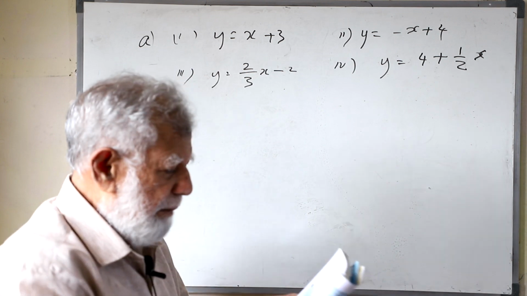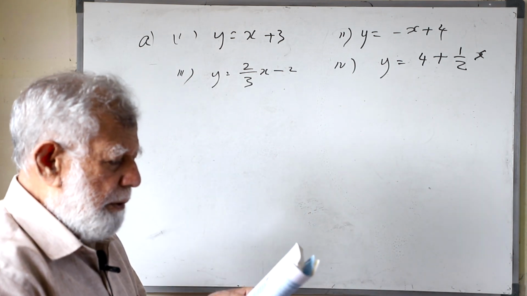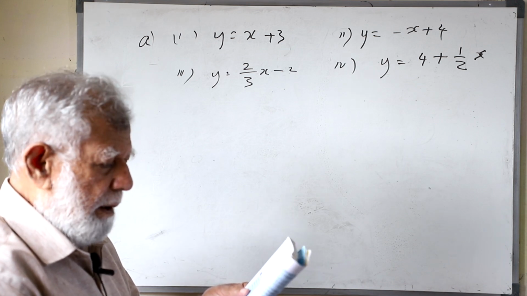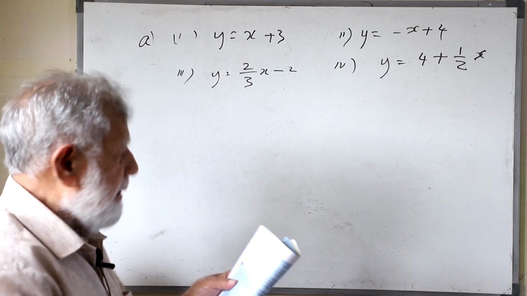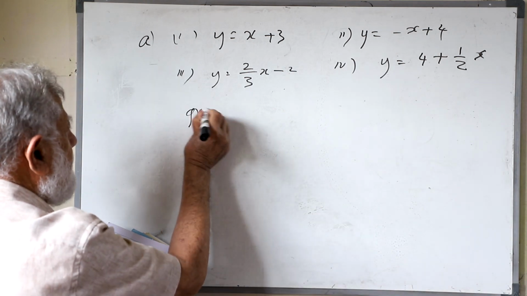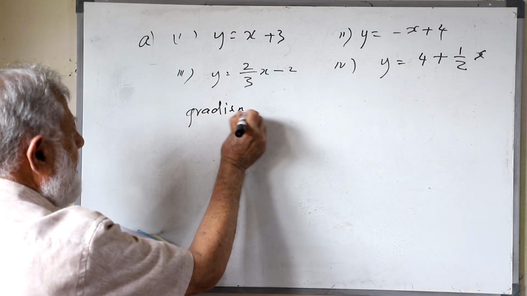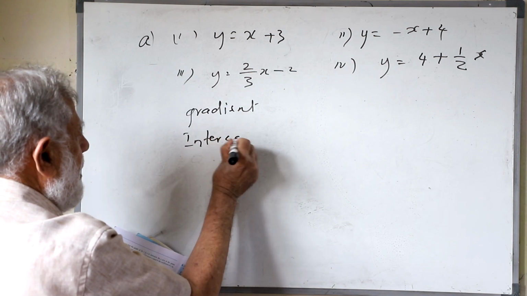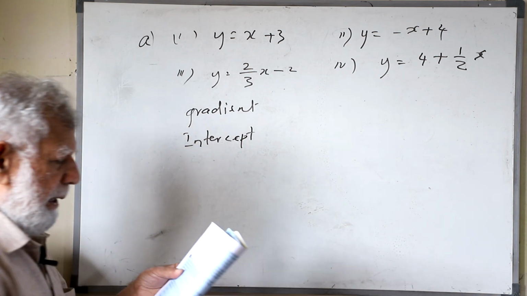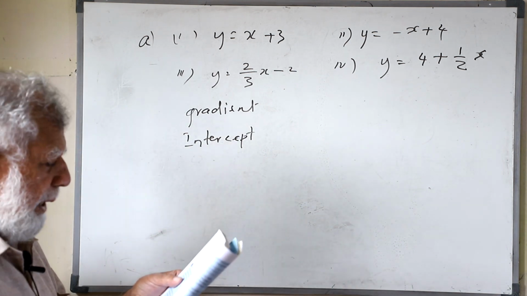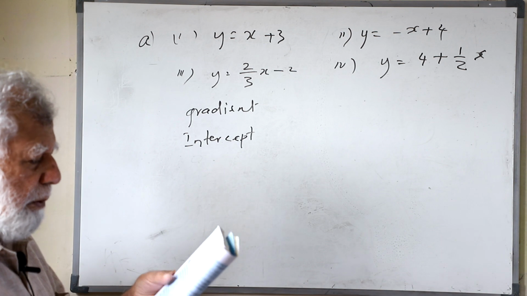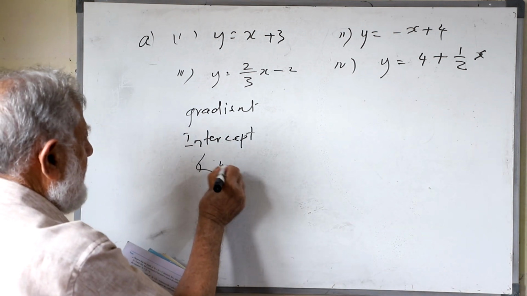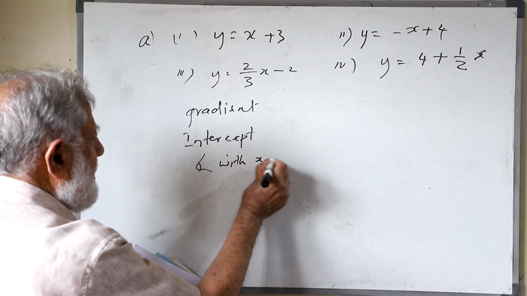Now, in this equation, what they have asked is, without drawing the corresponding graph, write the gradient and intercept, and write down whether the graph makes an acute angle or obtuse angle with the x-axis.